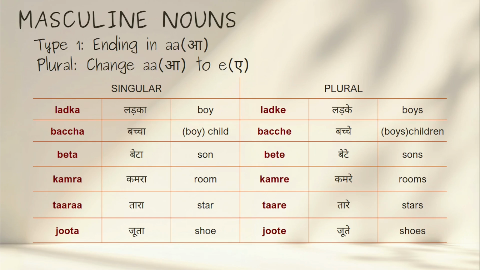Tare is stars. Juta is a shoe. Jute is shoes. So ladka becomes ladke, bachcha is bacche, beta bete, kamra kamre, tara tare, juta jute.